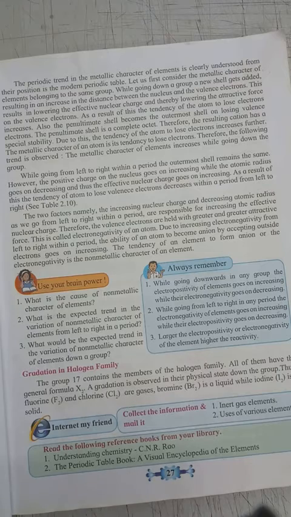Going from left to right in a period, metallic character decreases and non-metallic character increases.